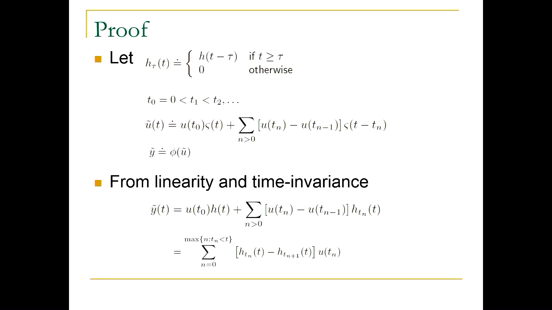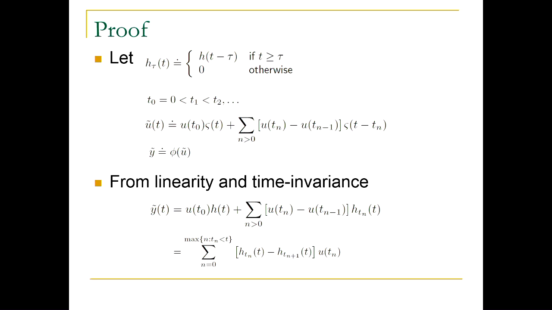So the response of the system, y tilde, due to u tilde, can be written in this way. But note now that I have here step responses, either shifted in time or not shifted in time. And they are scaled by appropriate values that come from the u tilde signal. I use the superposition principle here, right?